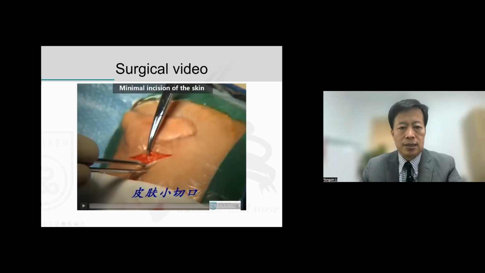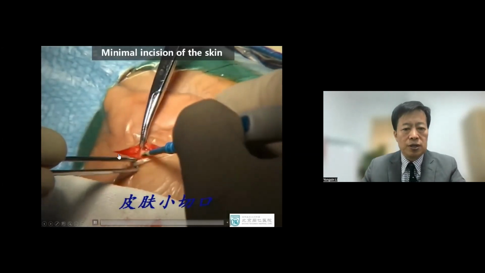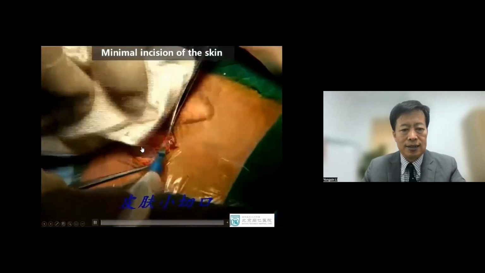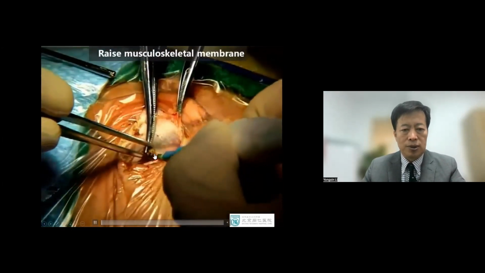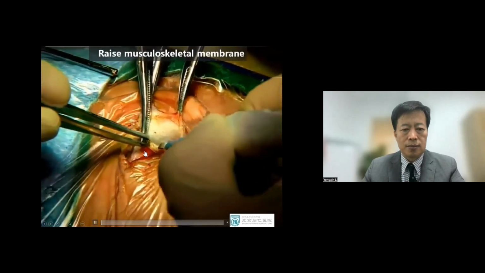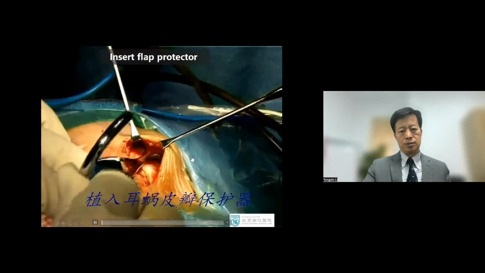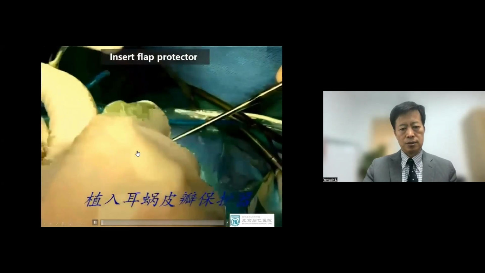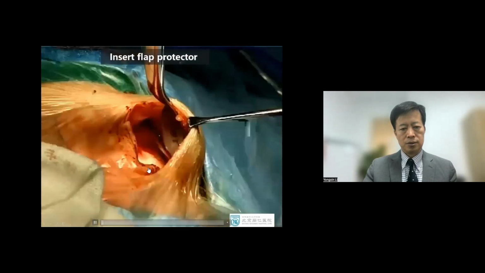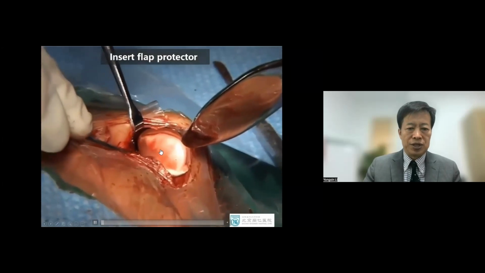Let's see the surgical video. We prefer the small incision technique, almost 30 millimeters long. I try to make the bed for the receiver.